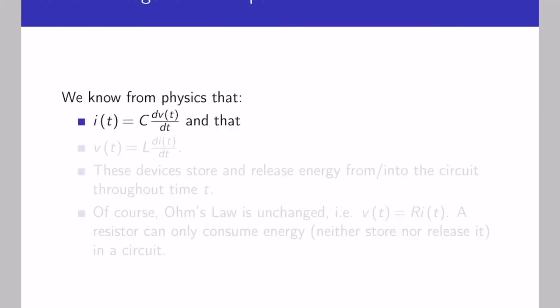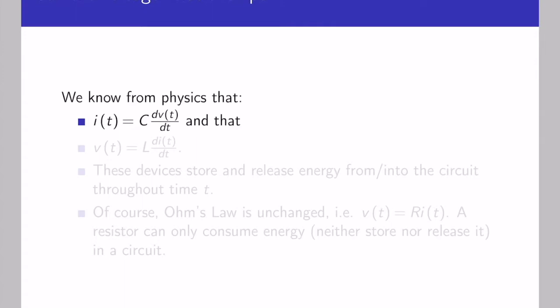Let's talk about current voltage relationships. We already know that the voltage across a resistor is equal to the current through the resistor times the resistance. That's V = IR. We call that Ohm's law.